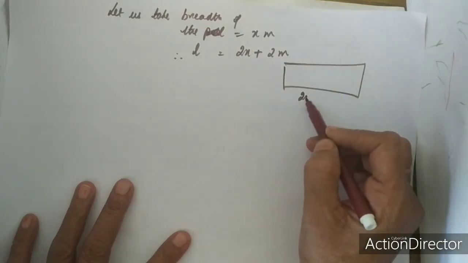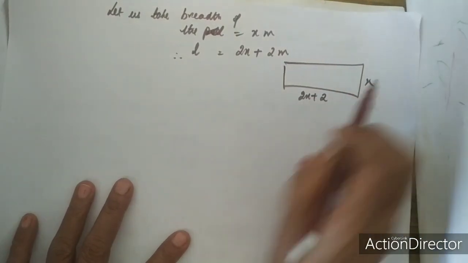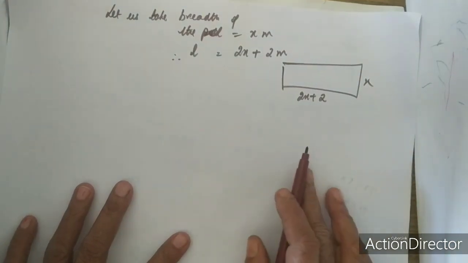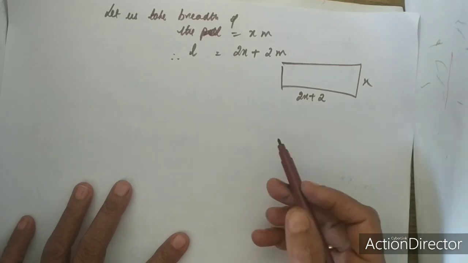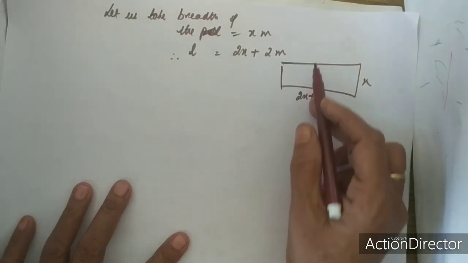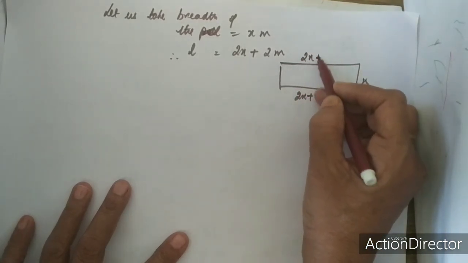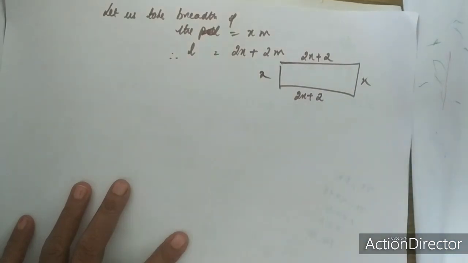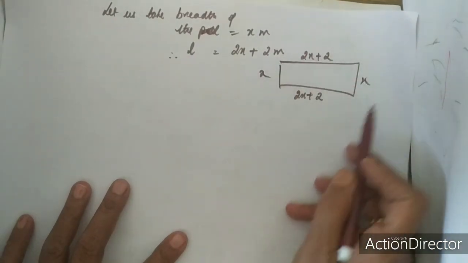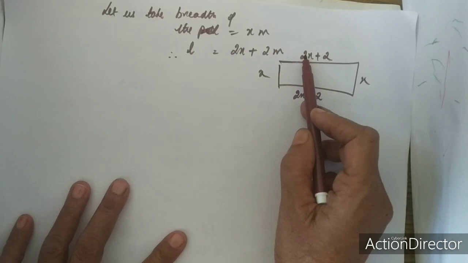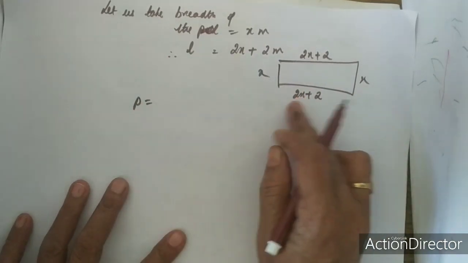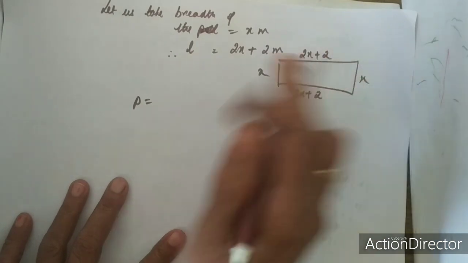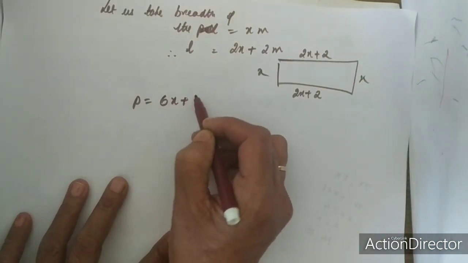So length is 2x plus 2, breadth is x. Since you are all solving MCQ questions, you should try to solve as fast as possible. In the rectangle, opposite sides are equal. So it is 2x plus 2 over here, and here it is x. Now count all the x's over here. 2 plus 2, 4x, 5x, 6x. So perimeter will be equal to 6x plus 2 plus 2 is 4. So it is 6x plus 4.